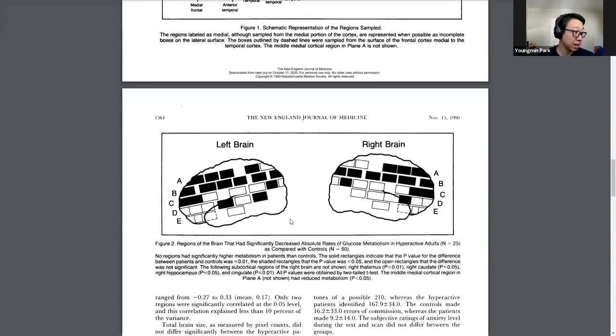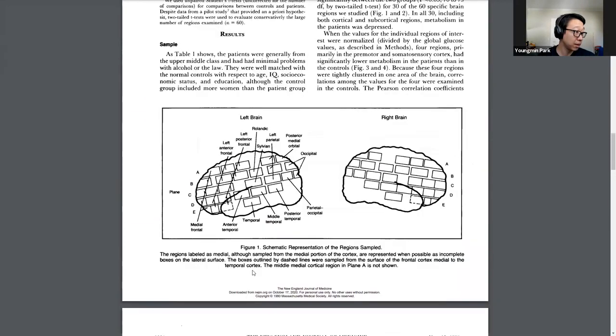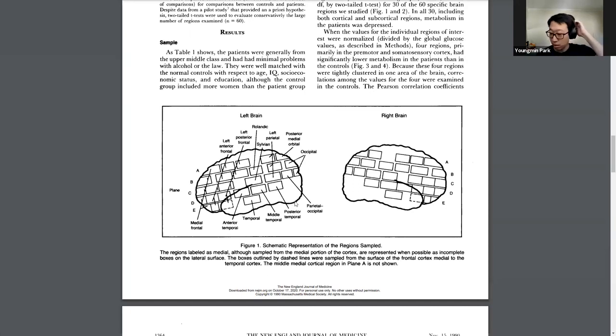They added up the total glucose, all the numbers in all the bins, and then divided the activity in each bin by the total number. So now they're just looking at what's the proportion of glucose that was taken up in a particular bin for a given patient.